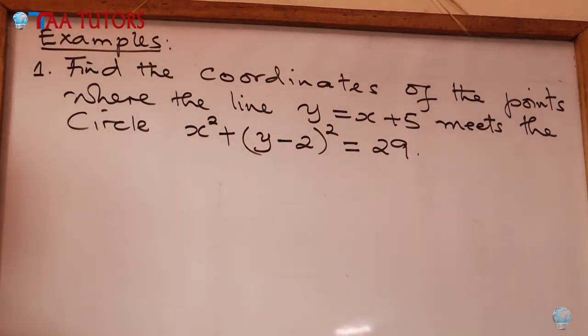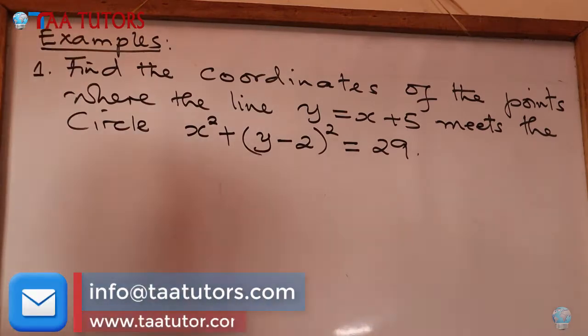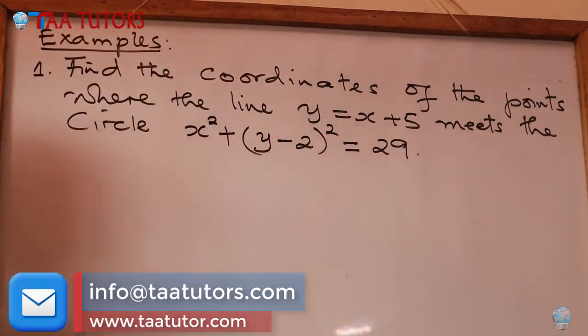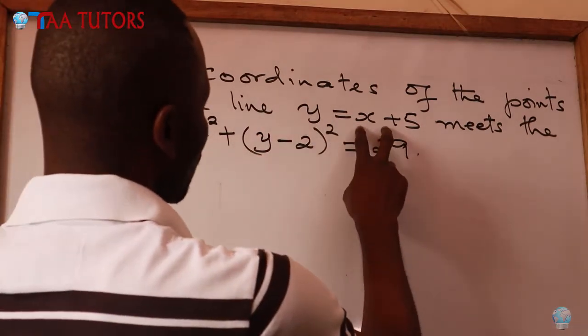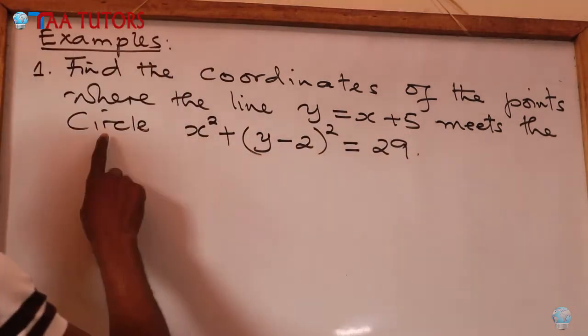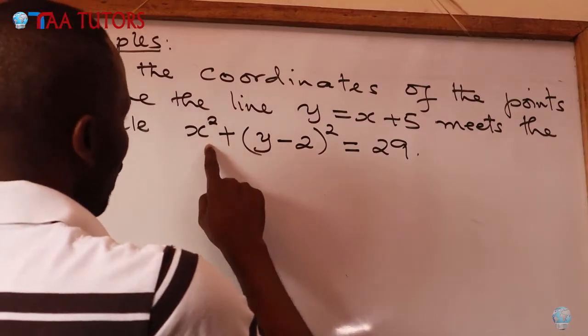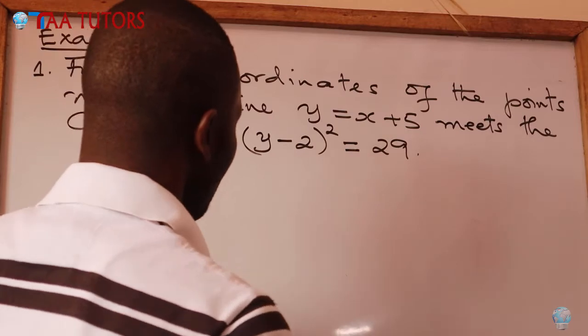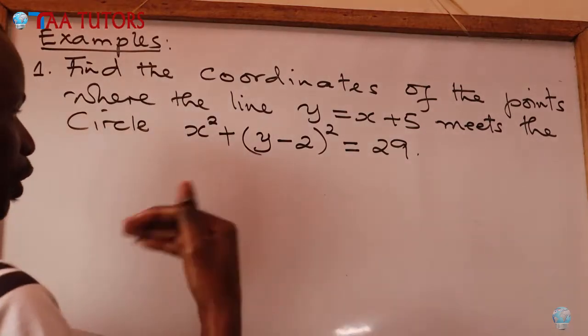So viewers, this is an equation here. We want to find the coordinates of the points where the line y equals x plus 5 meets the circle with equation x squared plus (y minus 2) squared equals 29. Remember that this is the equation of a circle, like we have seen before.